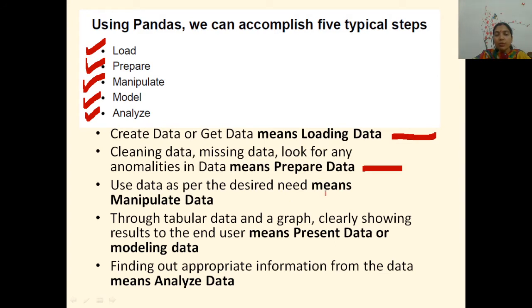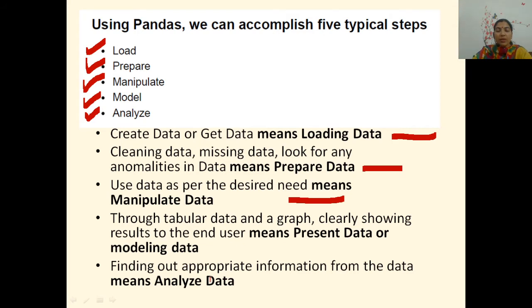When we use the data for getting our desired output, we are manipulating the data. When we are presenting our data outputs in the form of tabular data or graph, what are we doing? We are presenting the data or modeling the data.